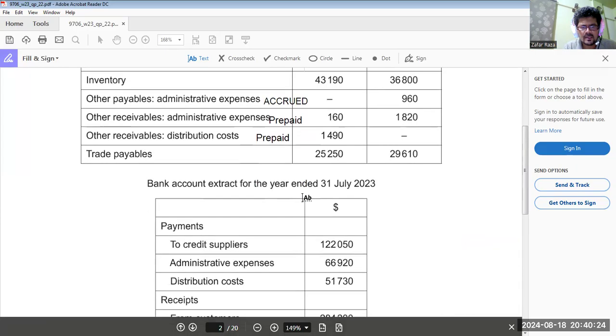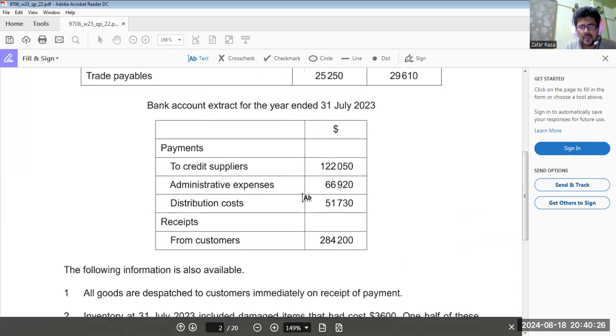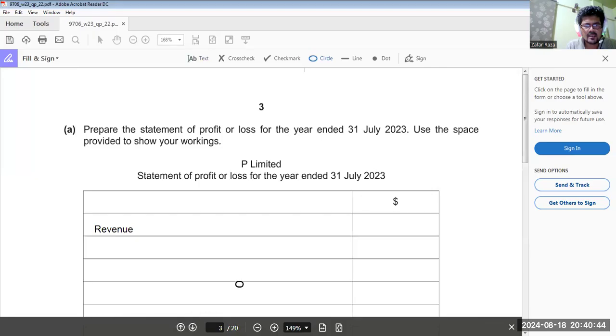Revenue total 284,200. This is our revenue. Okay, 284,200 is our revenue.